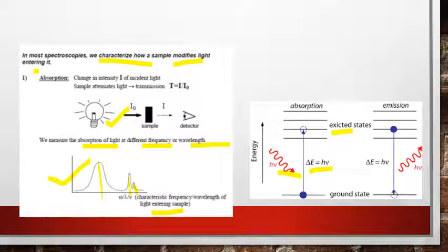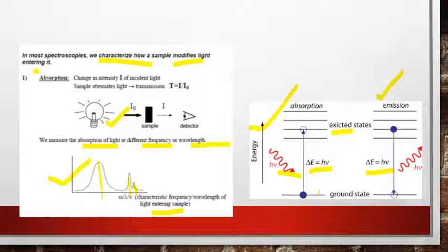So in the absorption spectrum, by absorbing the light, the electron goes from the ground state to the excited state. And if we study the emission spectrum, the higher energy electron comes to the lower energy, the ground state, by emitting radiation, again in the form of photons.